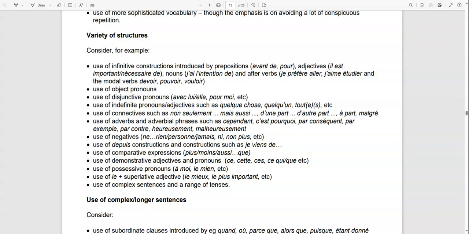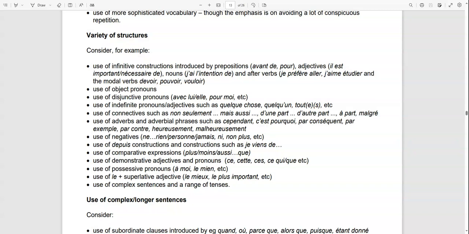Comparisons is another thing that's great to try and include. So, phrases like plus, more, moins, less, aussi que, as much as, and demonstrative adjectives. So these are all grammatical terms we're using here, but hopefully the examples demonstrate what we're talking about.